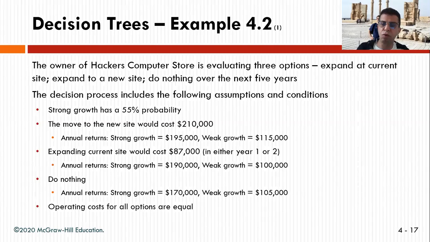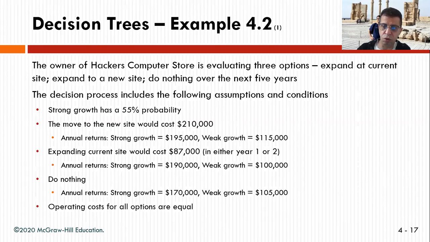So they break down the options and they say, well, if we expand at the current site, what will happen? What's the chance of this happening? What's the profit? What's the cost? And start comparing them. So the decision process includes the following assumptions and conditions. If it's a strong growth, it has a probability of 55%. The move to a new site will cost 210,000.